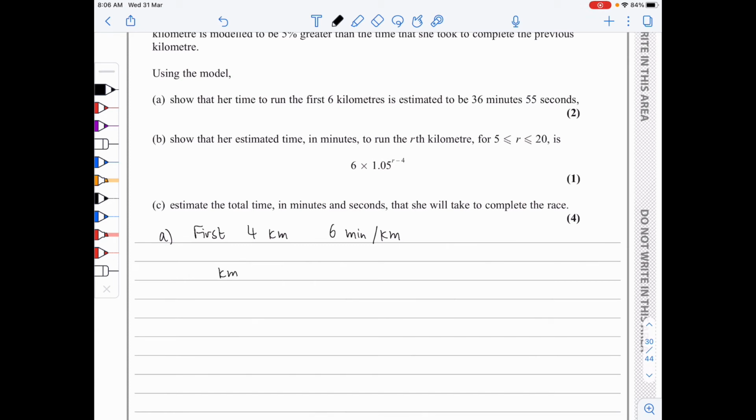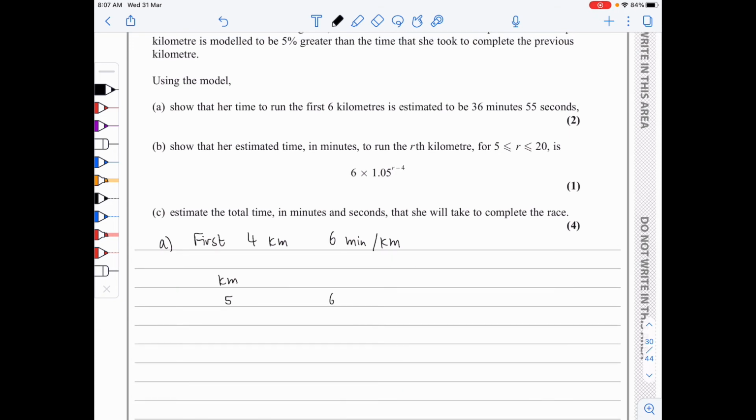So the 5th kilometer will be done in 5% more, 6 times 1.05. The 6th kilometer will be 6 times 1.05 squared. The 7th kilometer, 6 times 1.05 cubed. We have a geometric sequence evolving here.